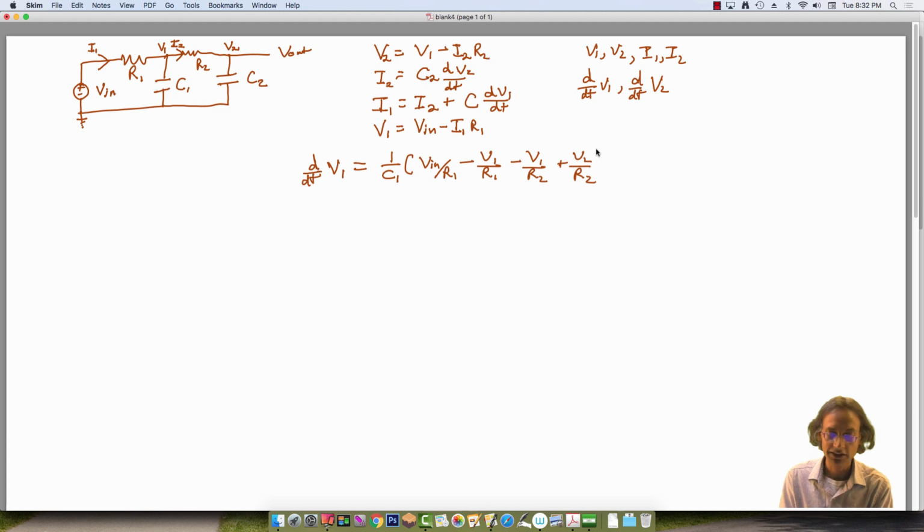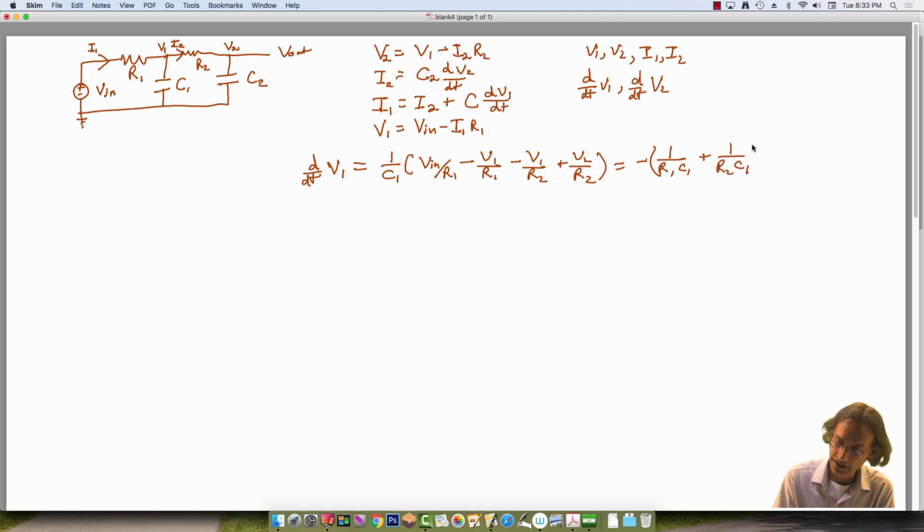So notice what I've done here is I've basically taken these equations and written it out, combining them. Here I'm using this equation together with this one. So if we do this, then we can simplify this out. This is just equal to minus 1 over R1 C1 plus 1 over R2 C1.